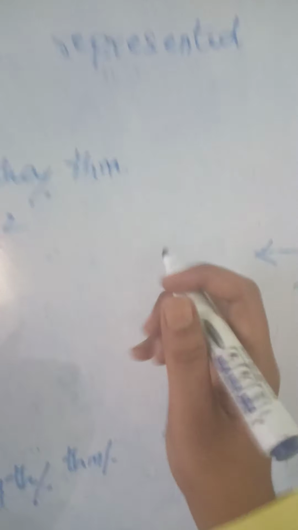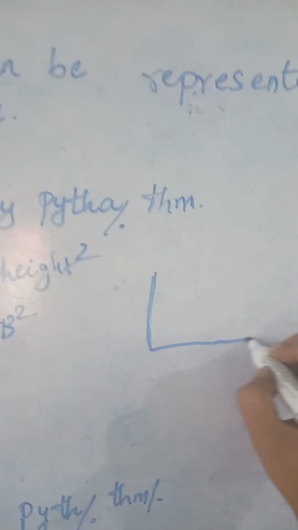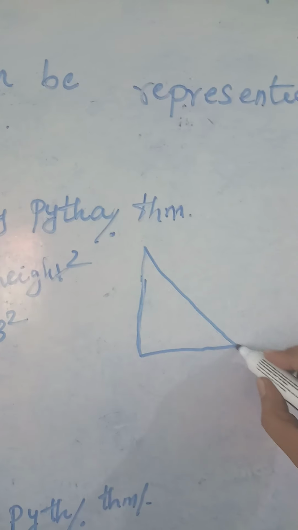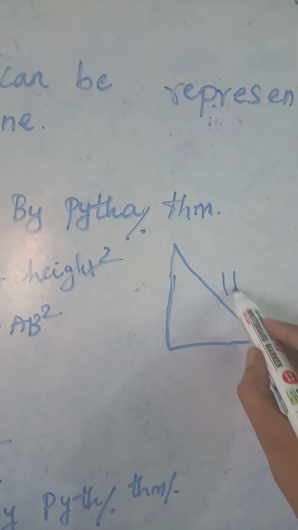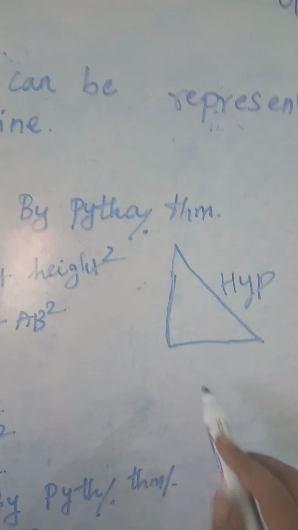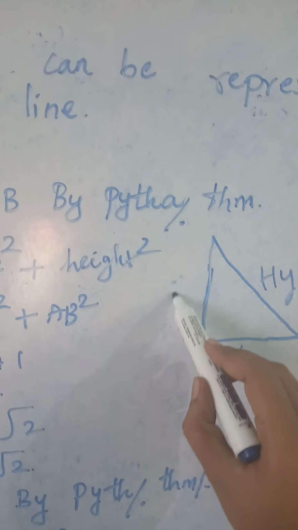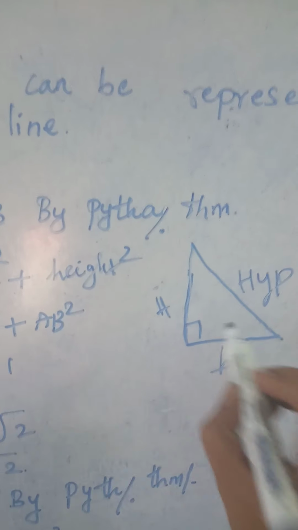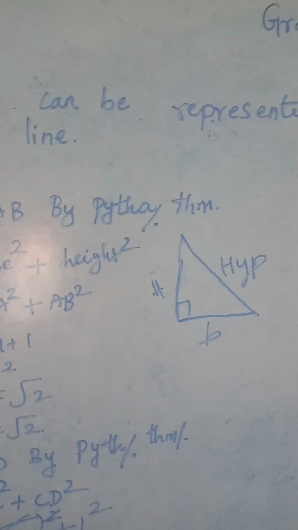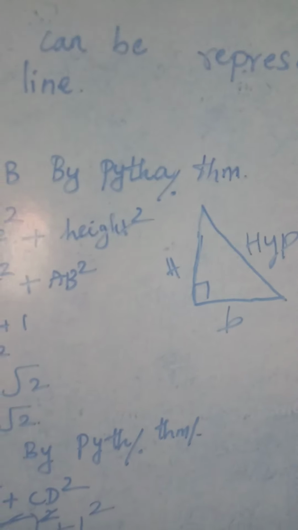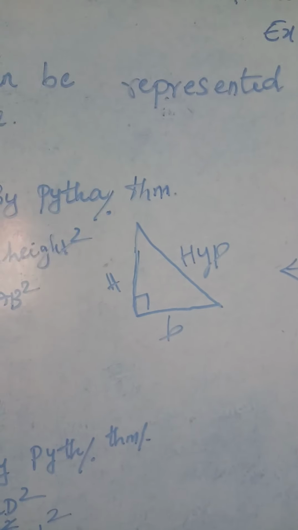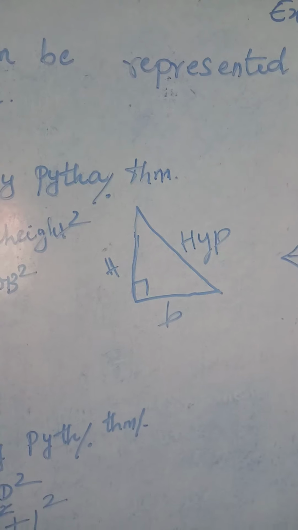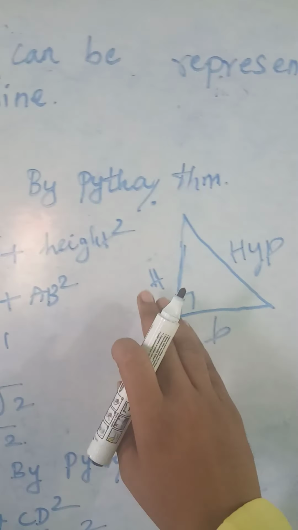In a right angle triangle, this is the hypotenuse, this is the base, this is the height. Pythagoras theorem says that in a right angle triangle, the square of the hypotenuse is equal to the sum of the squares of base and height.